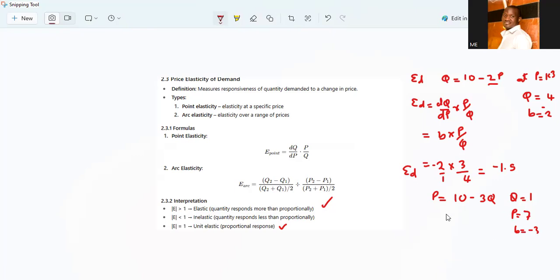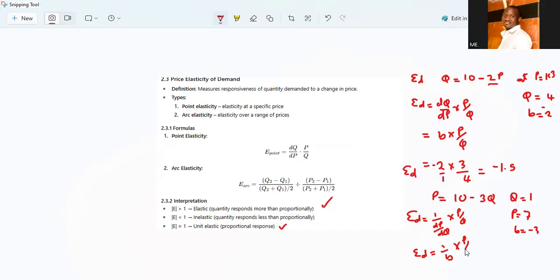So elasticity, since it's an inverse demand, elasticity for the inverse demand is simply 1 over dP over dQ times price over quantity. Or the gradient here, we simply say our elasticity is simply 1 over B times price over quantity.